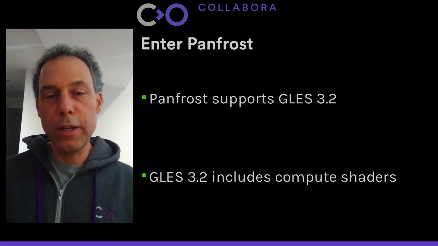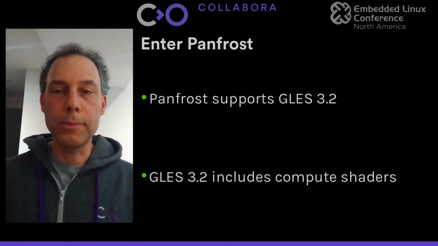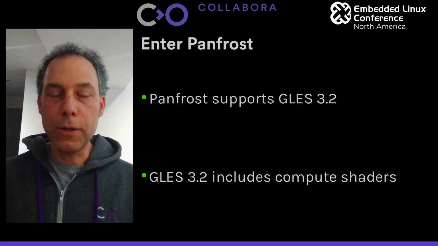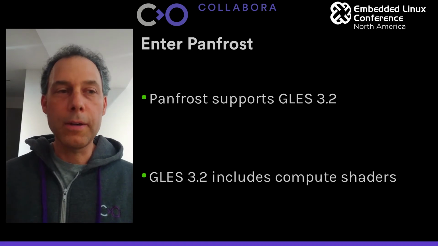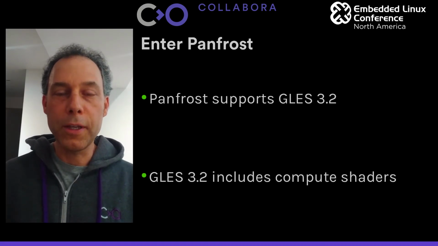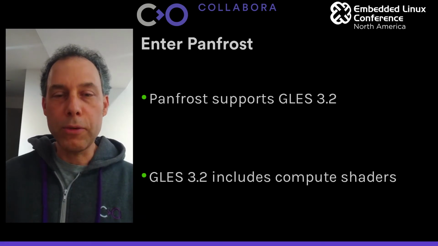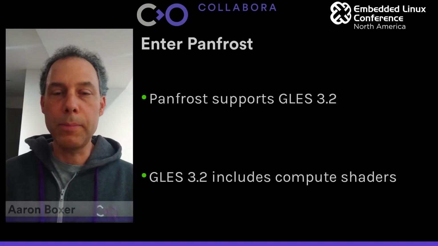A shader is a small program that you can tell the driver to run on the GPU. This is really important for us because the neural network requires computation. We want to run it on the GPU because they're inherently parallel, more efficient, and faster than the CPU. And so now we have a way, through the shaders and Panfrost, of running compute on the GPU.